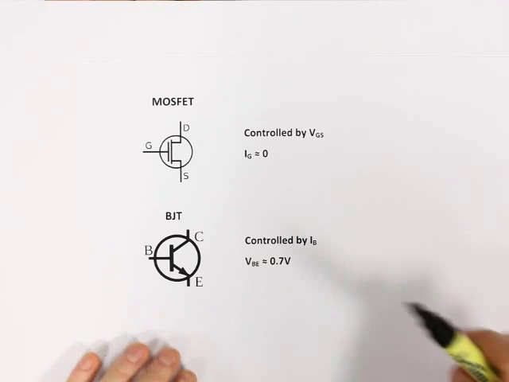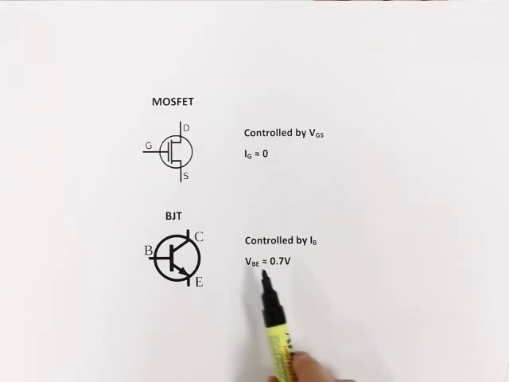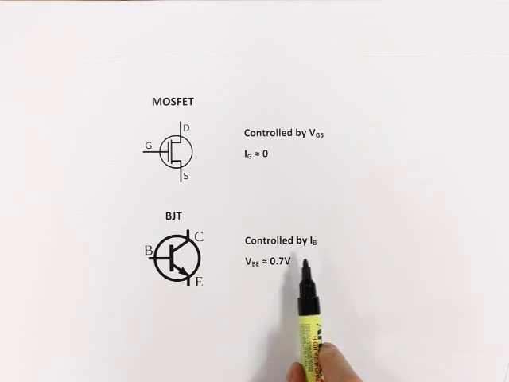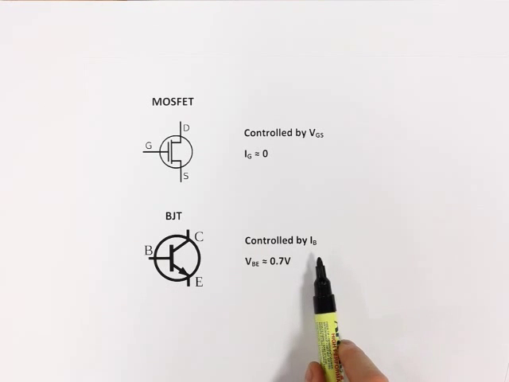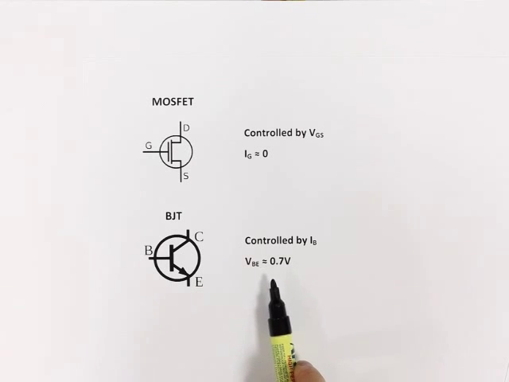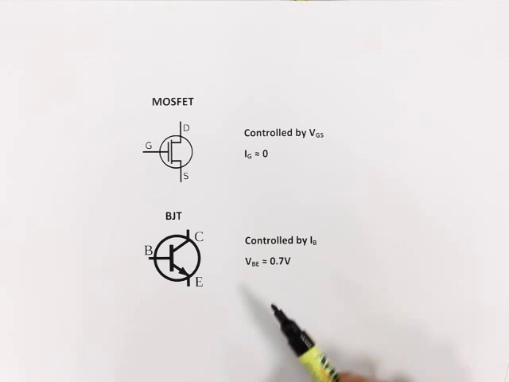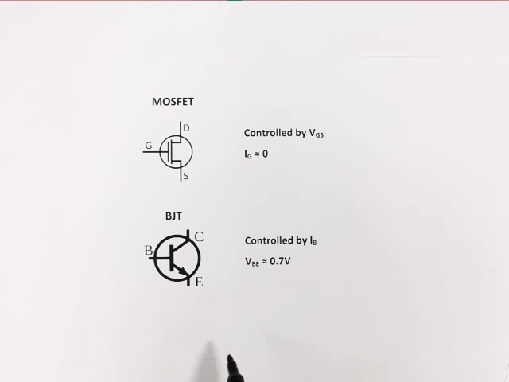And where the MOSFET ideally doesn't allow any current to enter the gate, in a BJT, the current flow is controlled by current entering the base, and the voltage from base to emitter is a relatively constant 0.7 volts. The base emitter junction here actually forms a diode, so once the voltage across that reaches 0.7 volts, huge amounts of current can flow through the base.